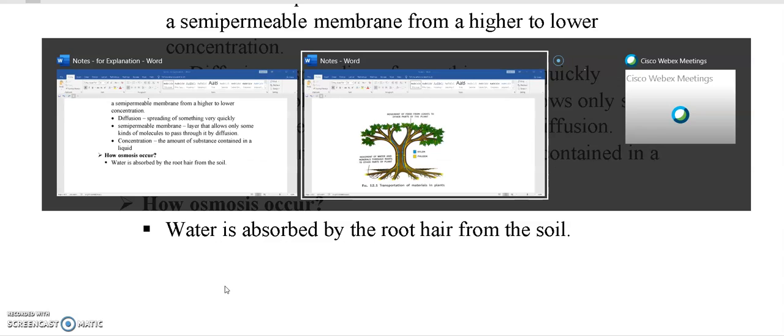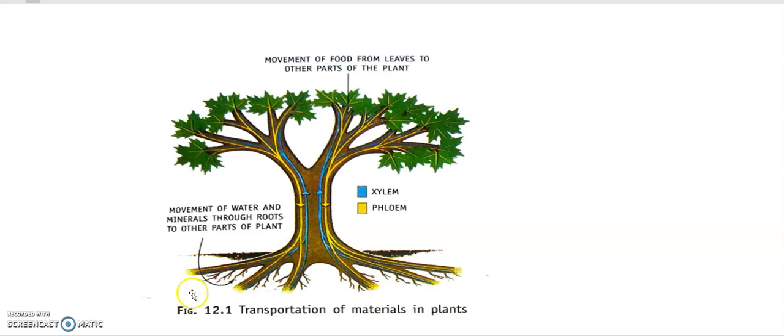Here there is water and inside also there is water. But the concentration of water outside the root is greater than inside the root. Why so? Because outside there are dissolved minerals and salts in the water. So the substance is added to the water that is outside the root.